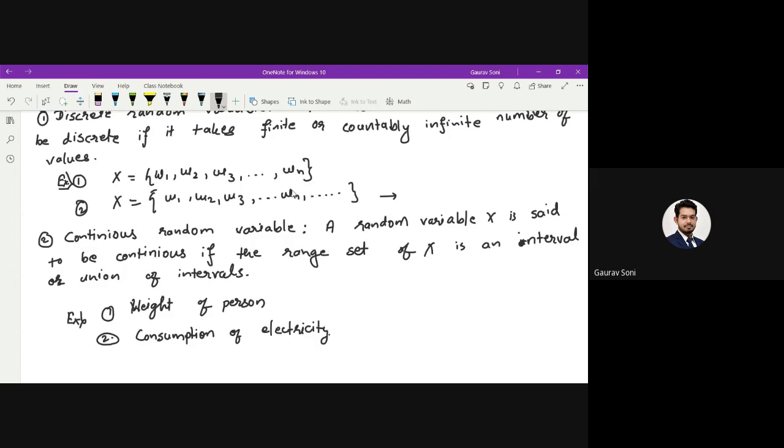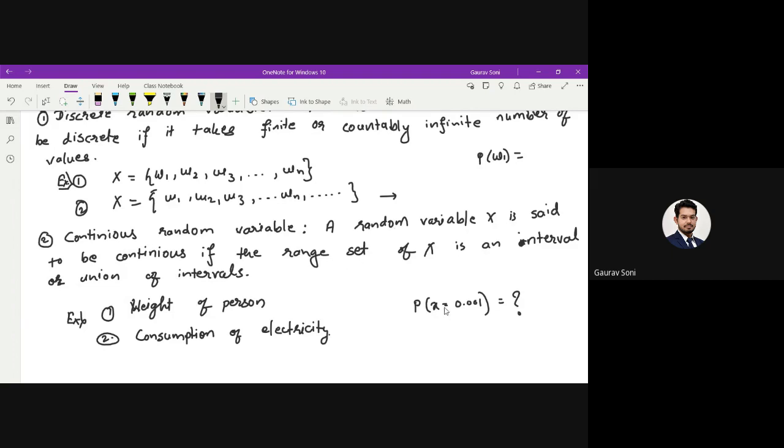When I'm talking about the probability for a discrete random variable, I can talk of a probability at a point omega 1. But when I'm talking of a continuous random variable, what is the probability of say 0.001? Can I talk of it? This is a major difference.